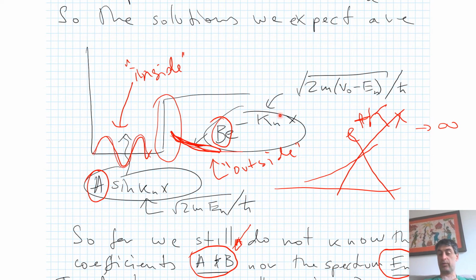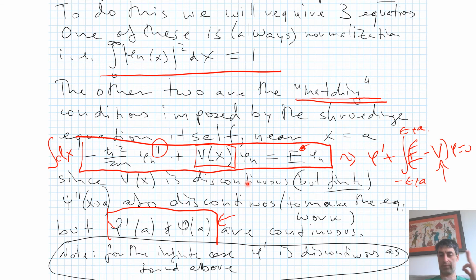So in fact, we don't have 4 unknowns, we have 3 unknowns. We have A, B, and the energy, which is partially hiding behind my video. Okay, and that's what we need to do. We have three unknowns. What are the equations? Well, one equation is always normalization for bound states, because it's about one particle. It has to be bound somewhere in space. That's equation number 1.